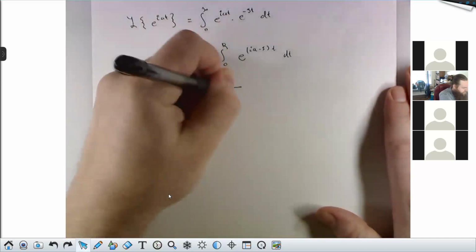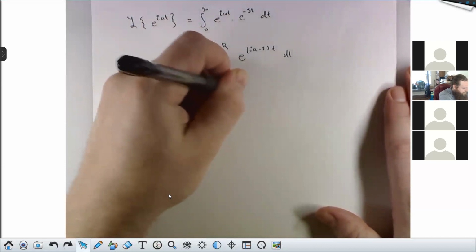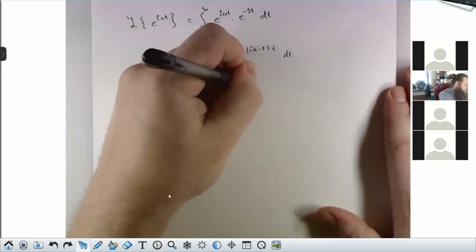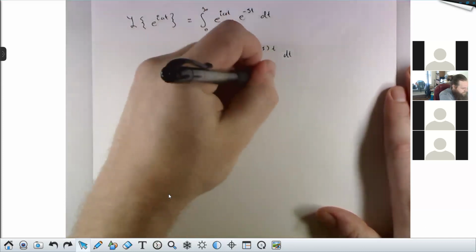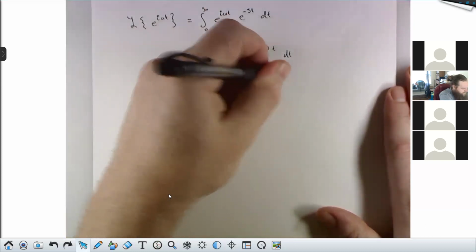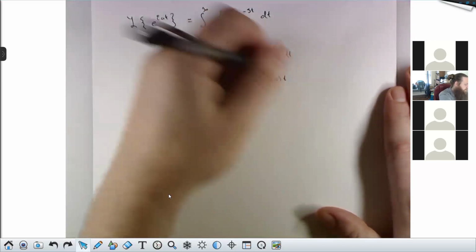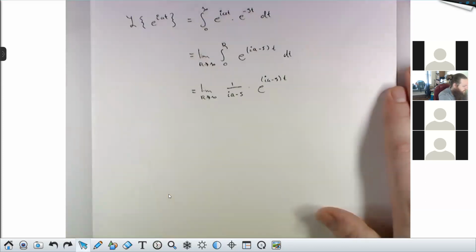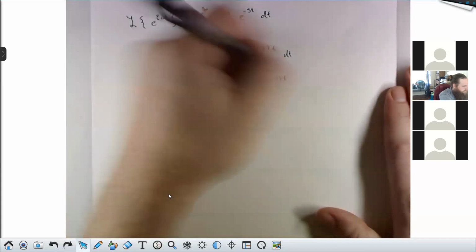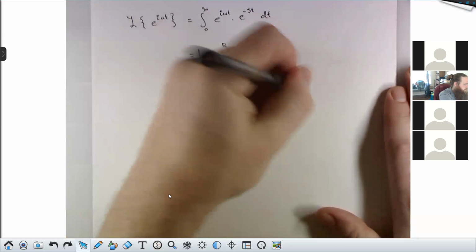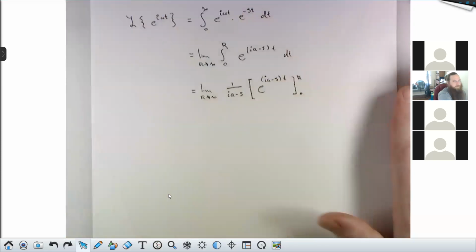This is the limit as r goes to infinity of 1 over (ia minus s) times e to the (ia minus s) times t, evaluated from 0 to r. The 1 over (ia minus s) is a complex constant, but a constant, so it will pop out at the evaluation step.